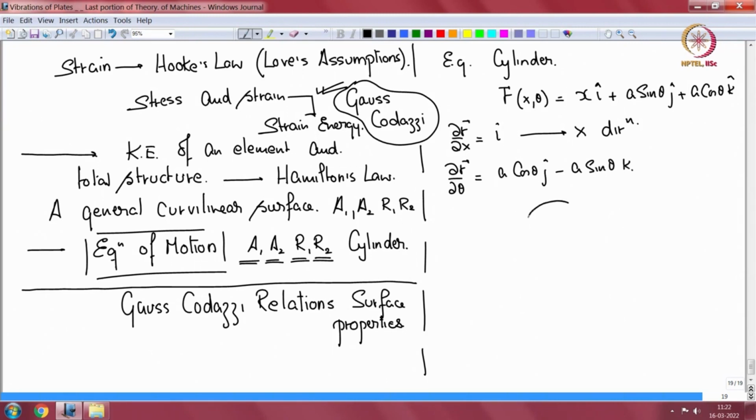And if you remember, I was measuring theta from the z axis, okay, theta was measured from the z axis.